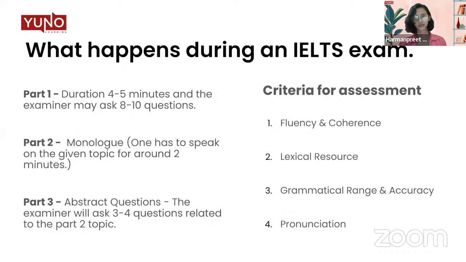Use present tense, future tense, or even past tense, according to the question. This shows the examiner that you can switch between various types of tenses, but also use different types of structures. For example, complex, compound, and even simple sentences, to show the examiner that yes, you possess the capability to handle all of these structures.